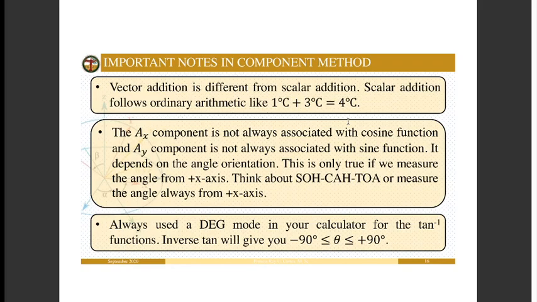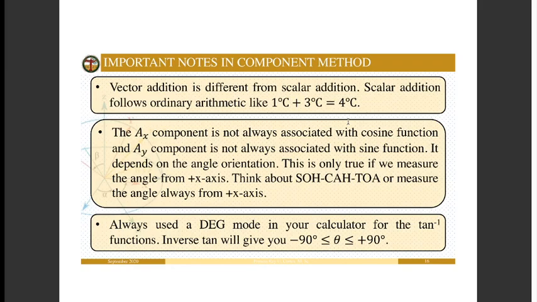Your x component is associated with cosine and your y component is always associated with sine only if we measure the angle from the positive x-axis. If your angle was measured from the positive x-axis, then your x component is cosine and your y component is sine.